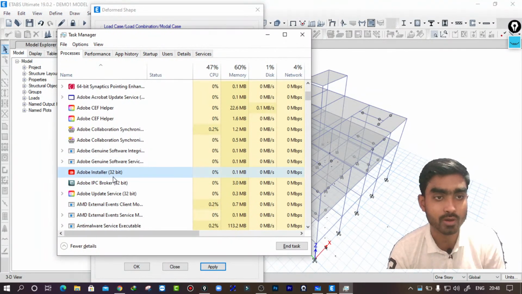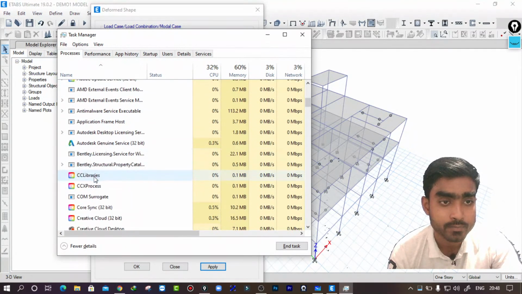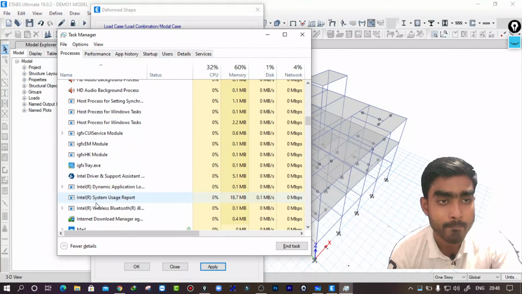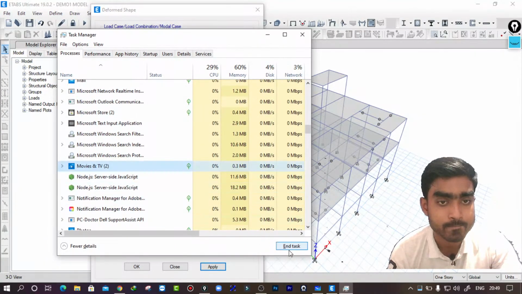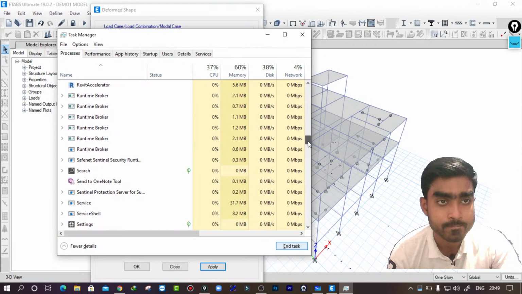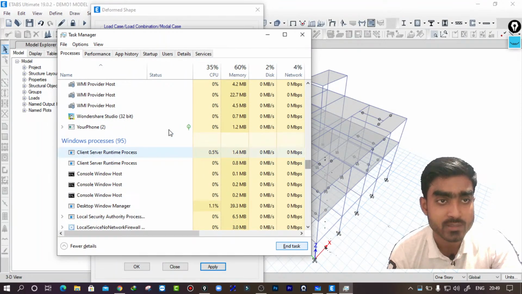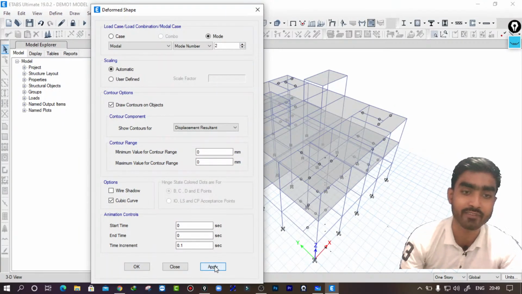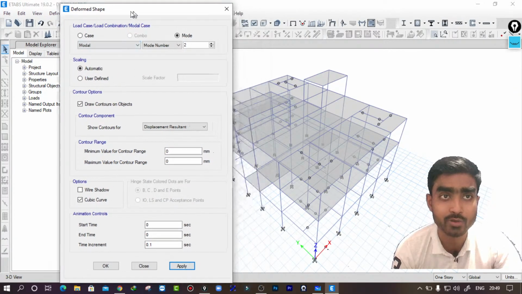I'm sure something is running behind somewhere. This is an issue. Okay, let me check whether it is working. Otherwise, I'll finish the live now, and in our next lesson, we'll see how to check all these things, because I need to fix it.